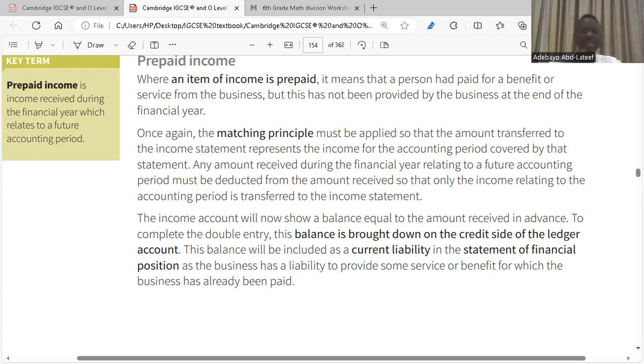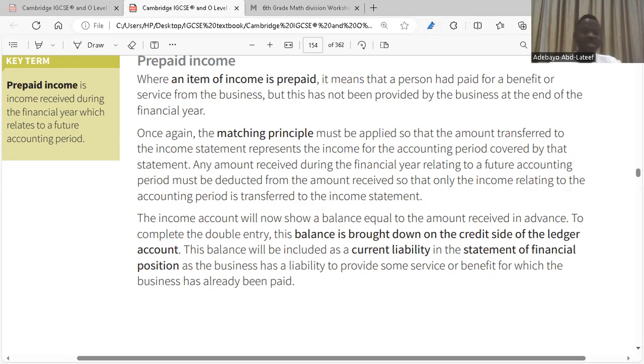Yes or no? Yes. So here they said the income account will now show a balance equal to the amount received in advance. To complete the double entry, the balance is brought down on the credit side of the ledger. You received an amount of money that you have not serviced. You've not rendered the service. You received it. Yes or no? Because you received that amount, which is prepayment, the job has to be done. Are you going to record this on the debit side or the credit side?